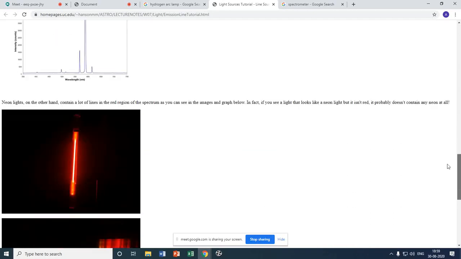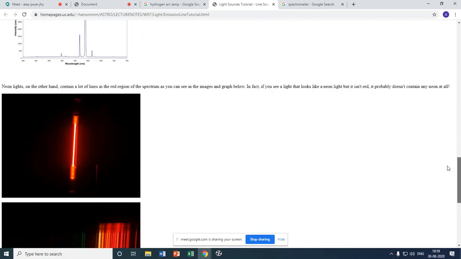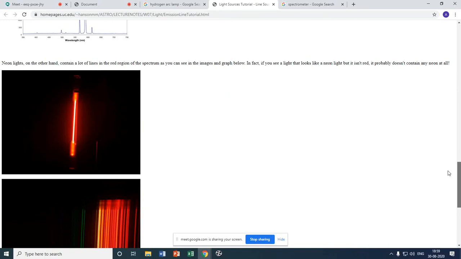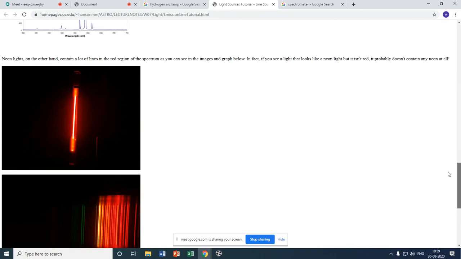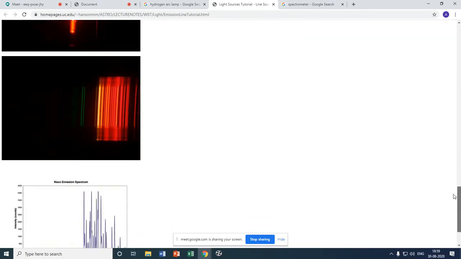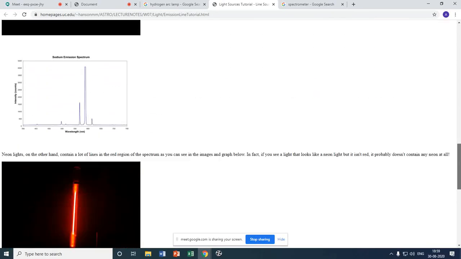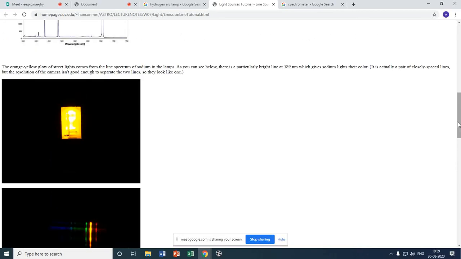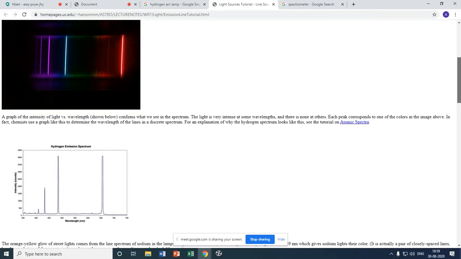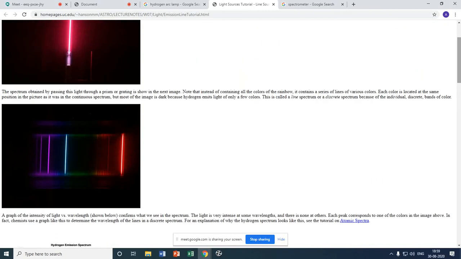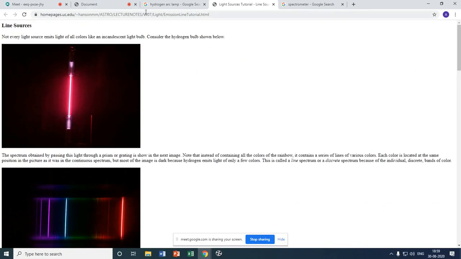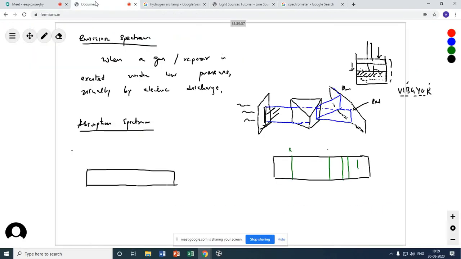This is another one, neon lights, which contain lots of lines in the red region of the spectrum. You can easily do this in the lab. You just need the lamp, put it on the spectrometer, send it through a prism, and check what happens.